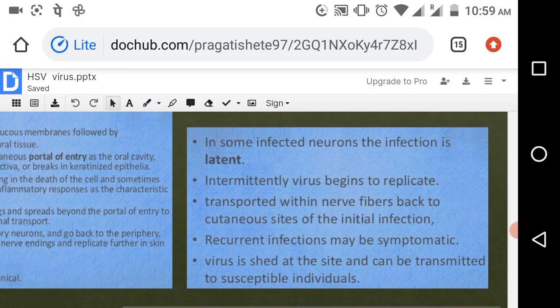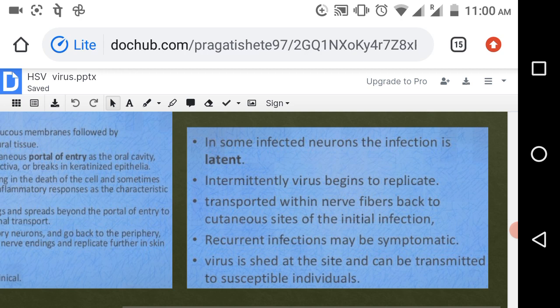The first one, the primary infection, can be latent and asymptomatic, whereas the recurrent infection can be symptomatic. If a person gets the infection again, then it will show the symptoms. Then the virus is shed at the site and can be transmitted to a susceptible individual, which means the virus can remain protected at the site of infection, such as the skin, the saliva and the mucosal membranes, the mucocutaneous site.